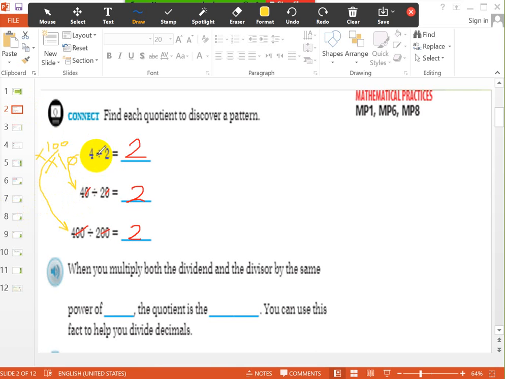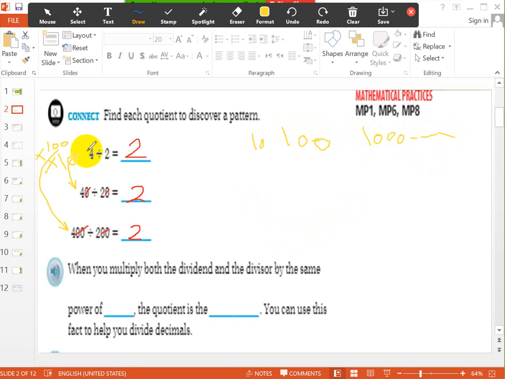So when I multiply the dividend and the divisor by the same power of 10, power of 10 means 10, 100, 1000, etc. Okay?